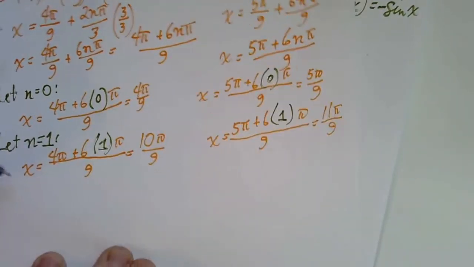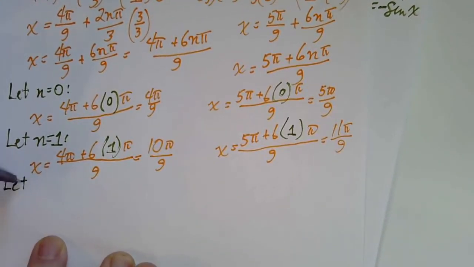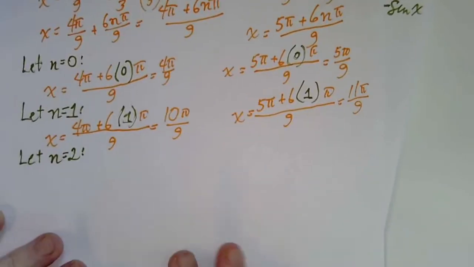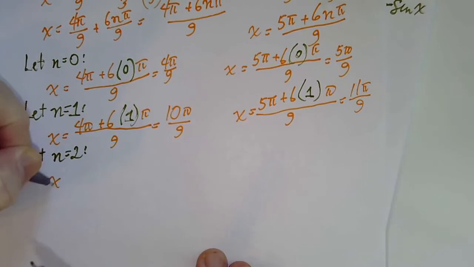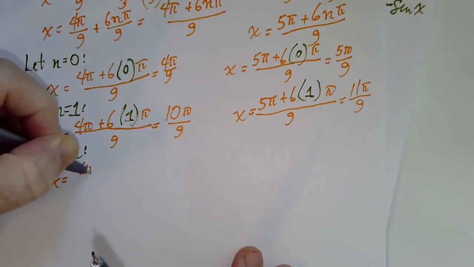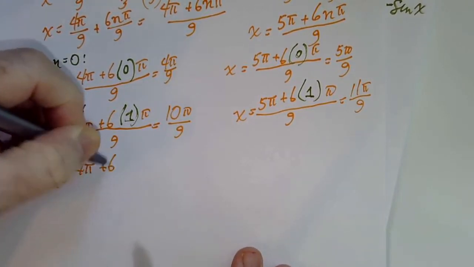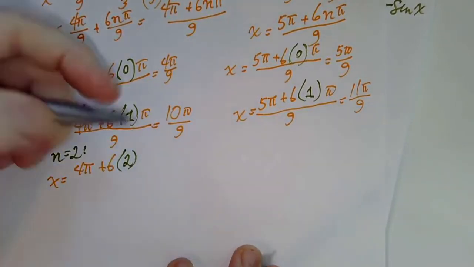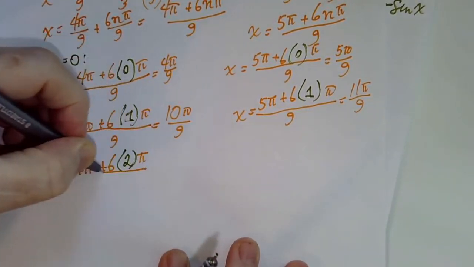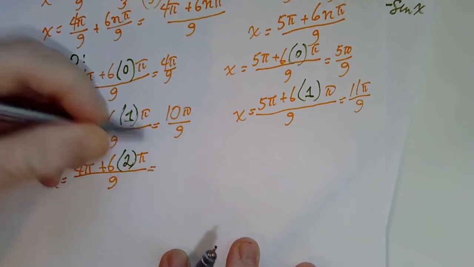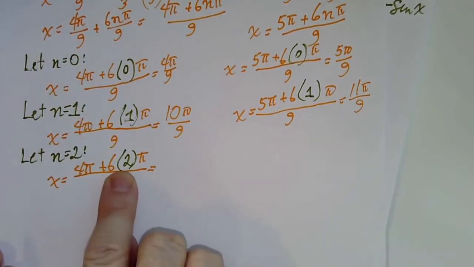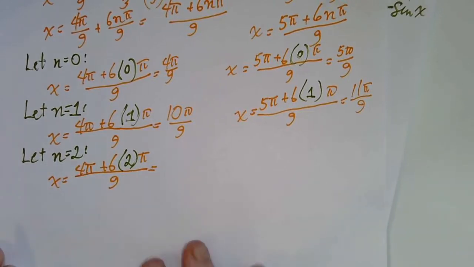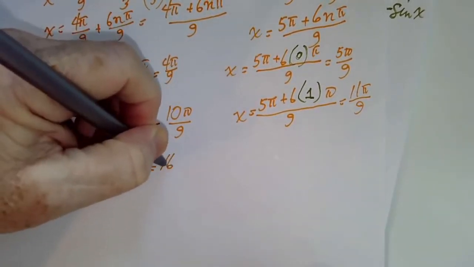Let's let n equal 2. So now we've got x is equal to 4 pi plus 6 times 2 times pi over 9. Let's see, 6 times 2 is 12. 12 plus 4 is 16 pi over 9.